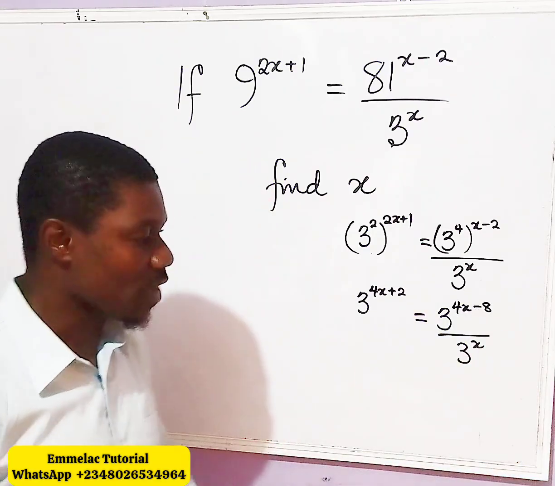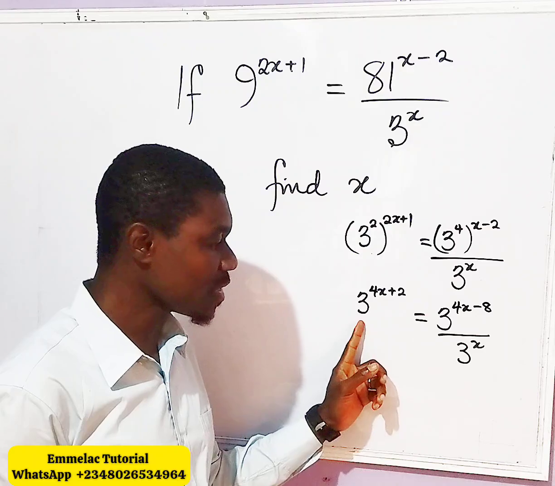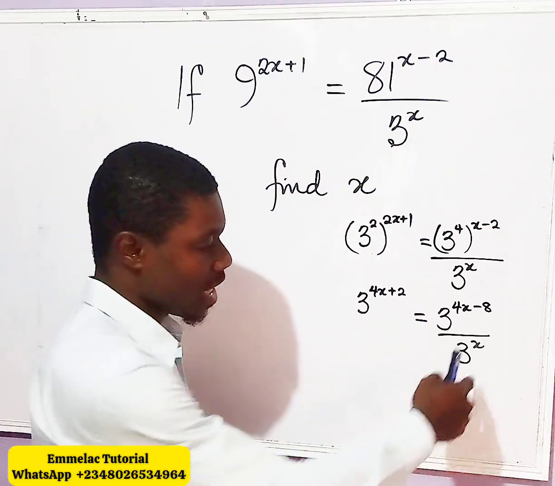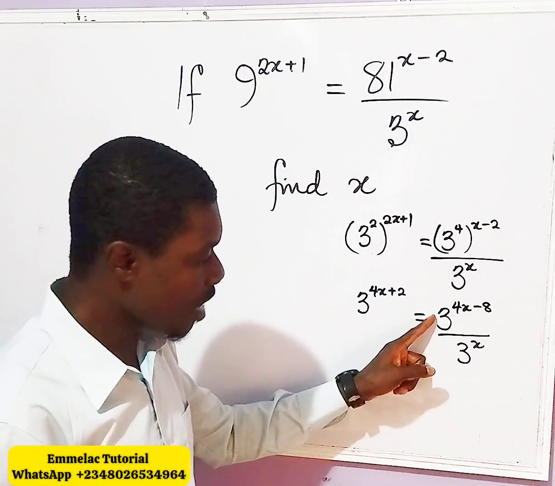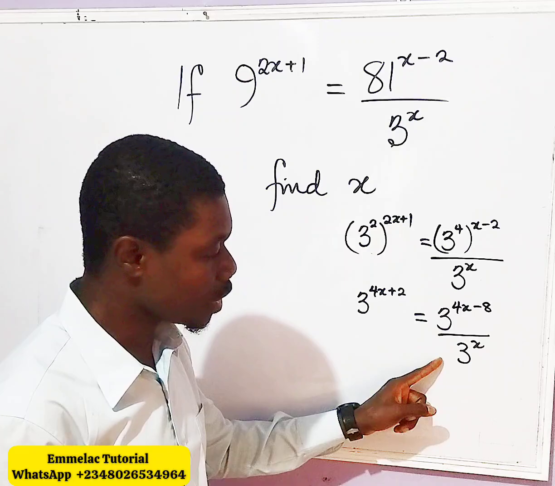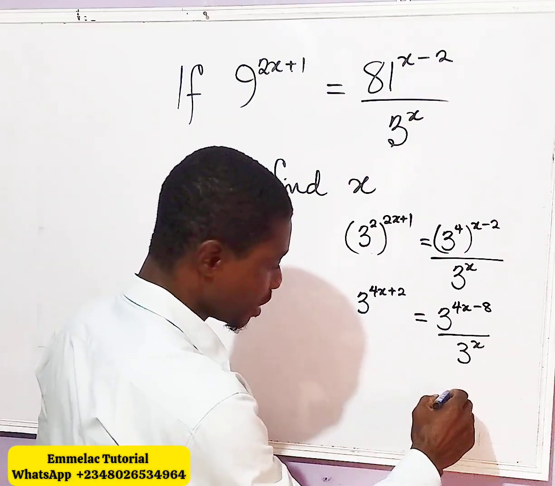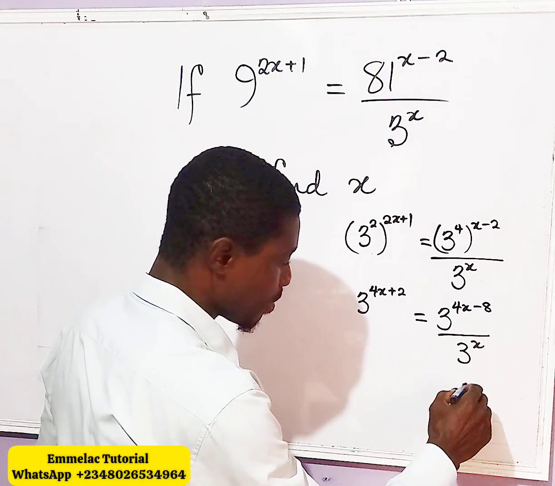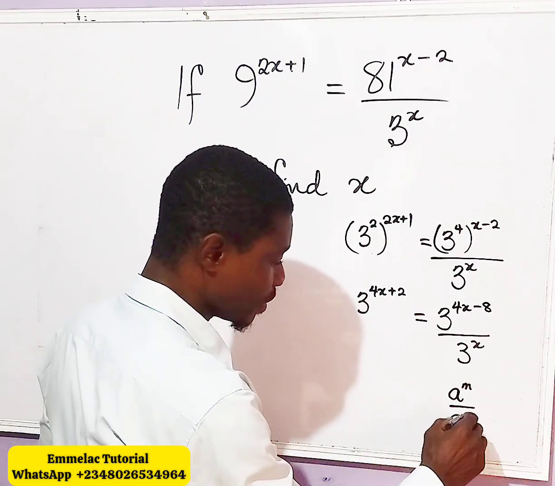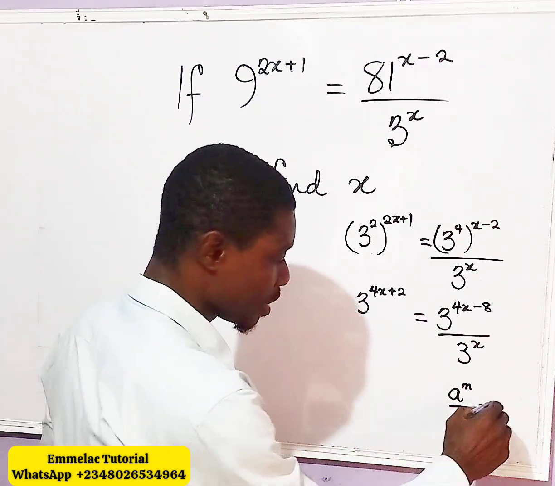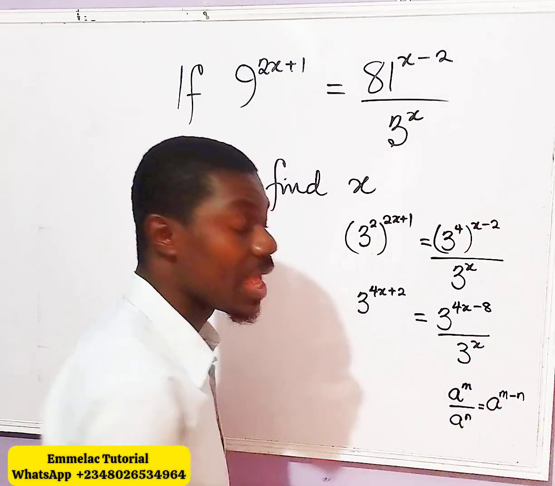Now that we've arrived at this point where we now have the same bases, 3, 3, 3, let us simplify the right hand side of the equation. Since we have the same base, at this point all we need to do is apply this law of indices. If you have a raised to the power of m all over a raised to n, all you need to do is write a raised to m minus n.